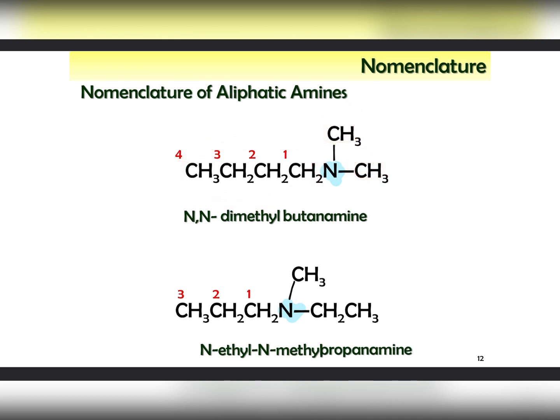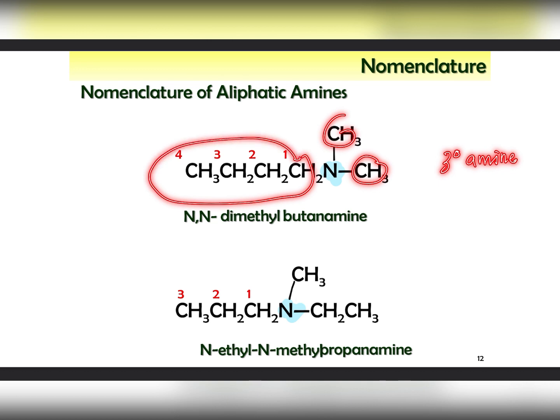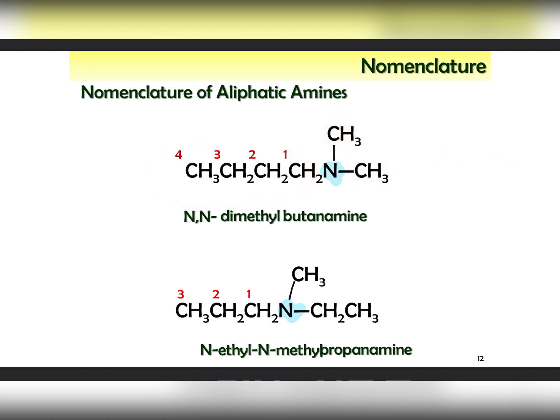So this will be a tertiary amine, because you have 3 alkyl groups attached to the nitrogen, and the longest chain is this one, with 4 carbons. So it will be butanamine, and the rest of the alkyl, the methyls, will be substituents directly bonded to nitrogen.